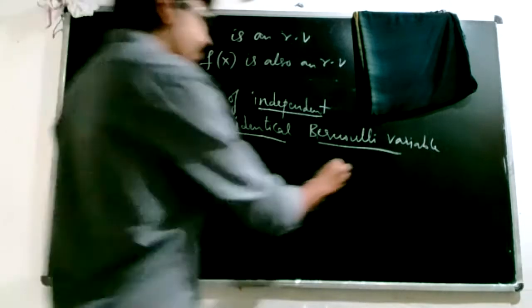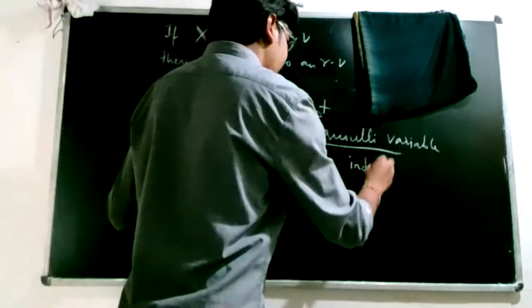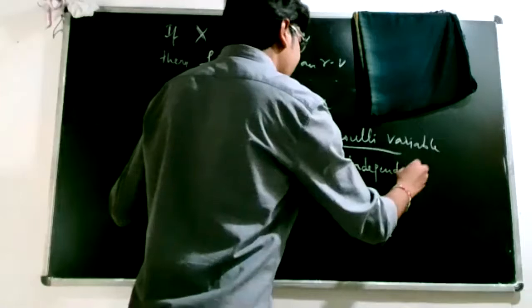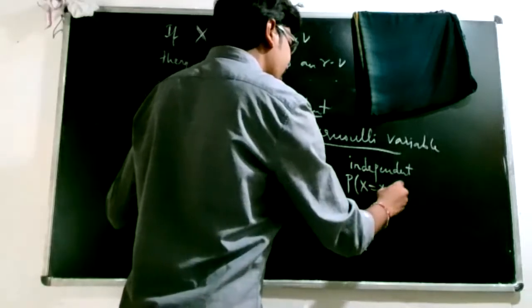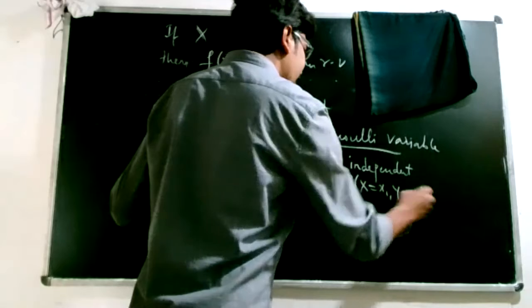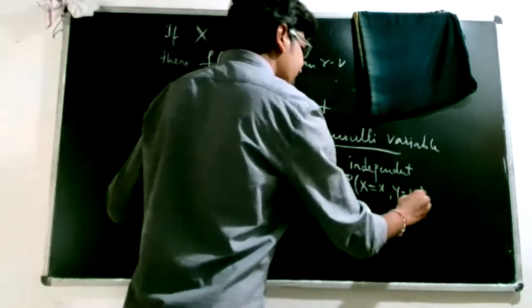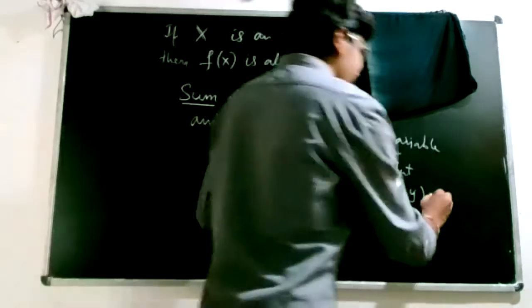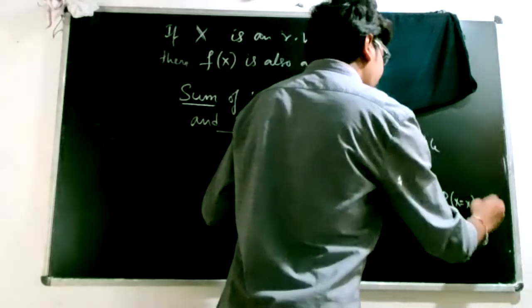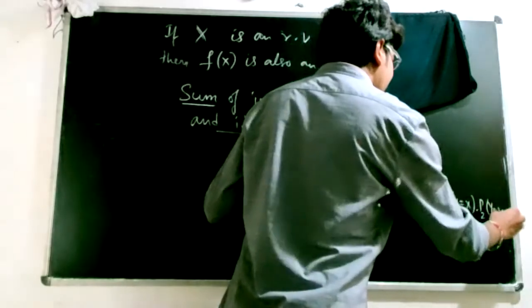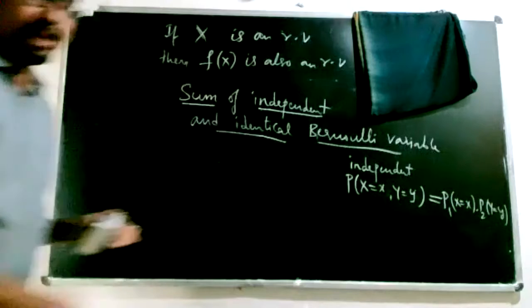So what is independence here? We are having statistical independence. Definition of independence: if you have a bivariate random variable where x is taking the value x, y is taking the value y, and you could express the joint PDF as the product of marginals, then we could say the variables are independent.